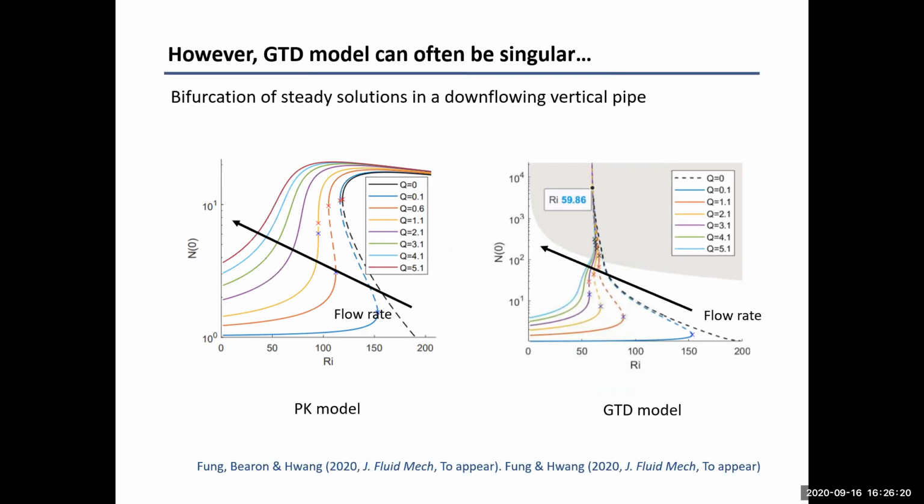The GTD model looks really good, and so we adopted this model to analyze the flow in a vertical pipe, and we tried to get the steady solutions in a downflowing vertical pipe. Here N0 means the centerline concentration. If N0 is 1, that means a uniform suspension.